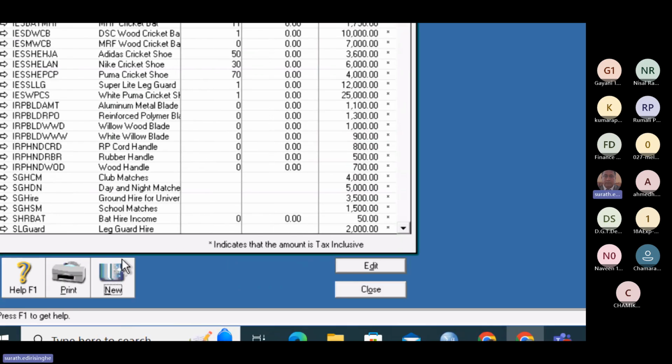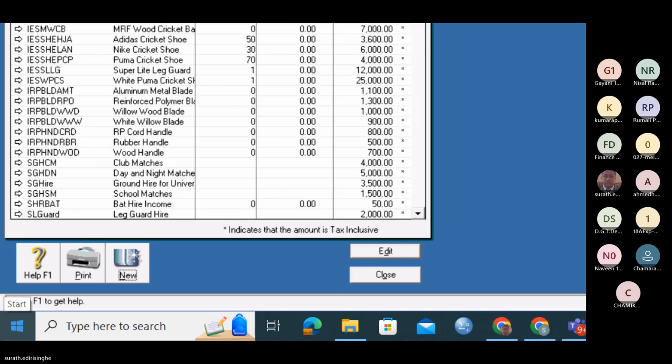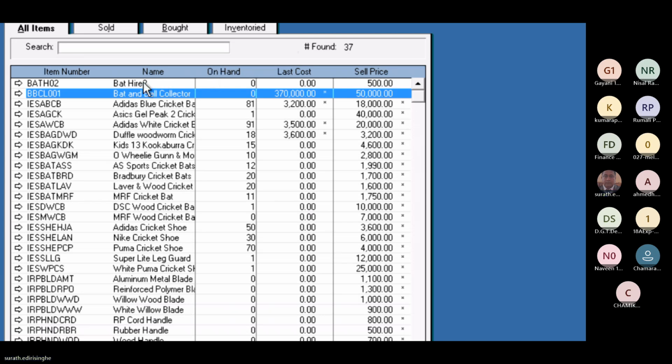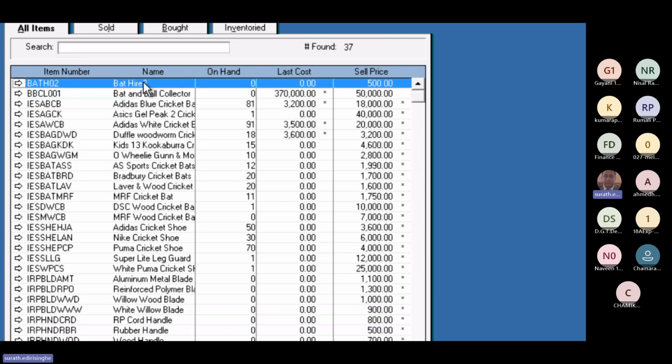Inventory item, bat tires. Now look at the bat tire item at the top, BAT02.